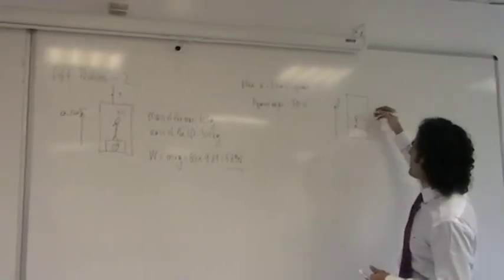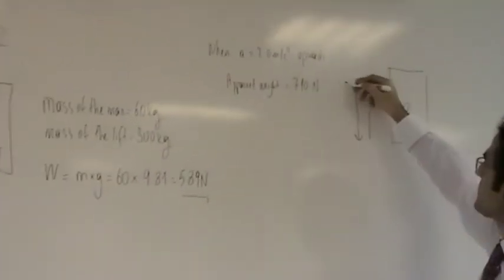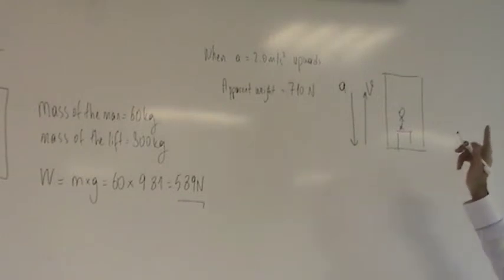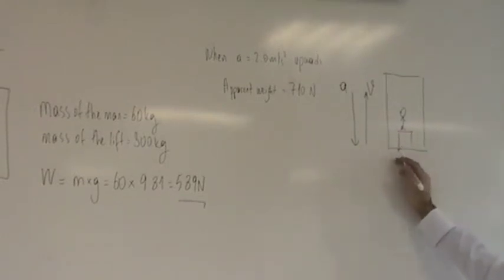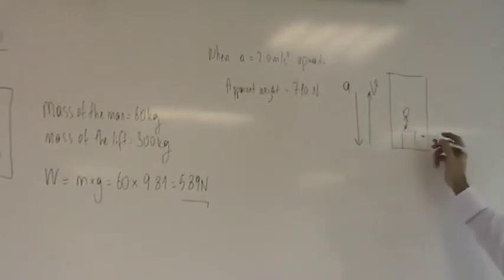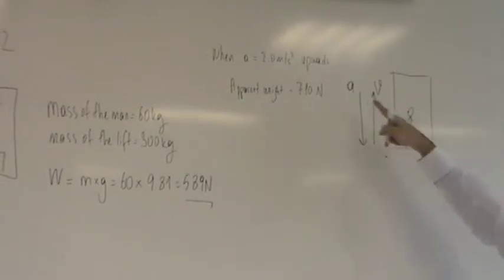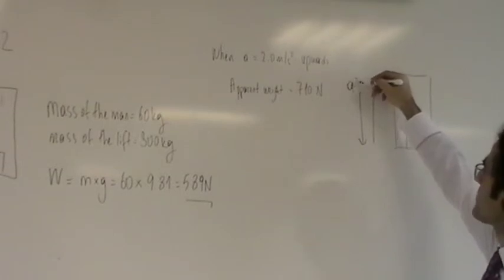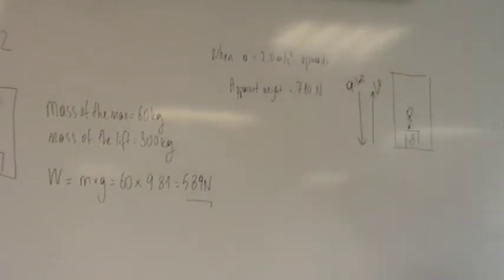Therefore, I can say that the acceleration in this case will be downwards, because it slows down. So I'm going to ask the same question. What will be the apparent weight of this man when the acceleration is 2 meters per second square as the magnitude and the direction is downwards?